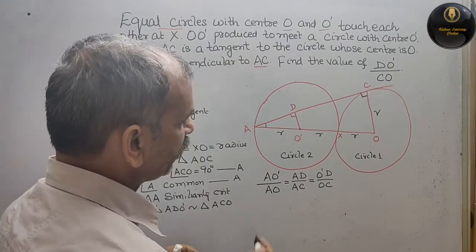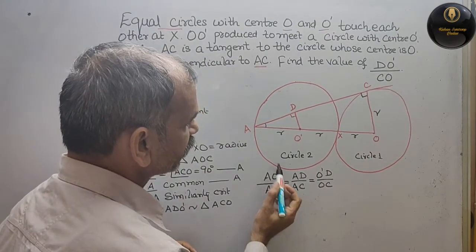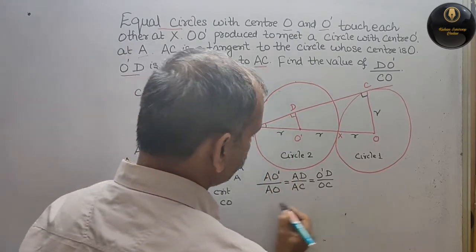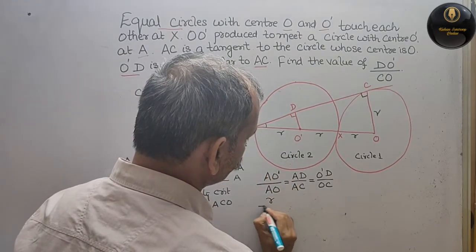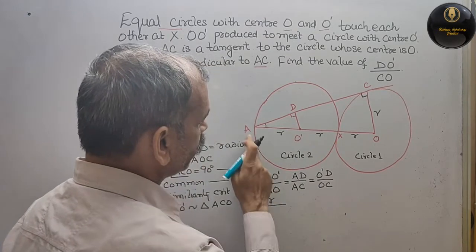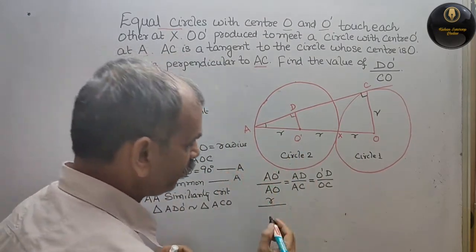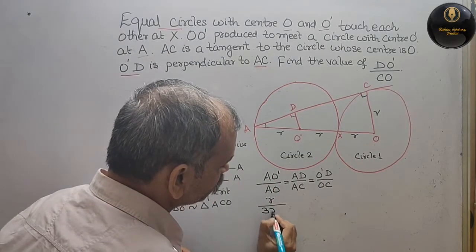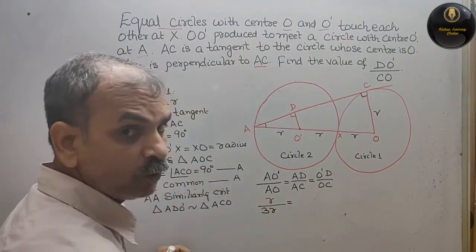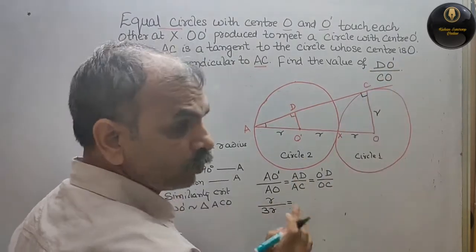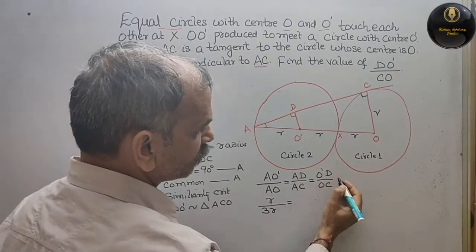So you can see AO dash is R. So we will write here R by, now AO, A to O is how many R? 3R. So we will write 3R. That is equal to what they have asked you, DO dash by CO. That means this one.